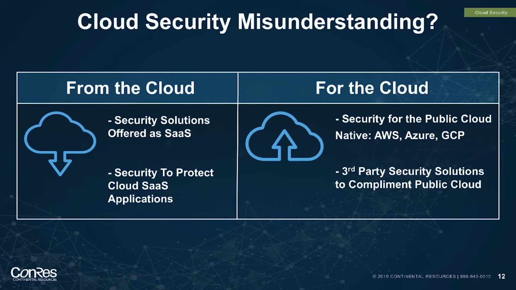And then for the cloud, that's the big one. That is security for the public cloud. That's broken down into two areas. Native, so it's everything that AWS, Azure, and GCP can offer natively within their own platform. And then, what are the third-party security solutions that can complement what we're doing with those native solutions?